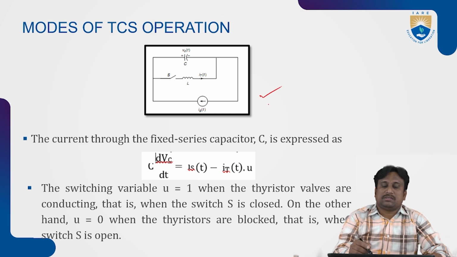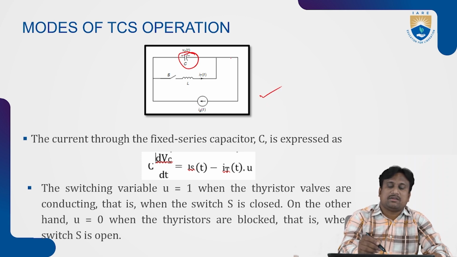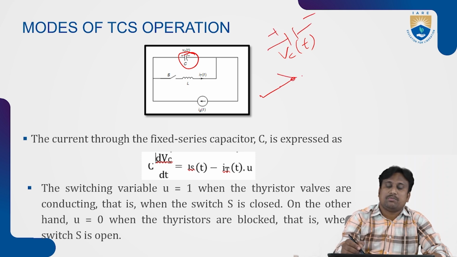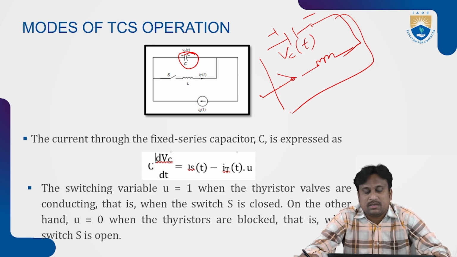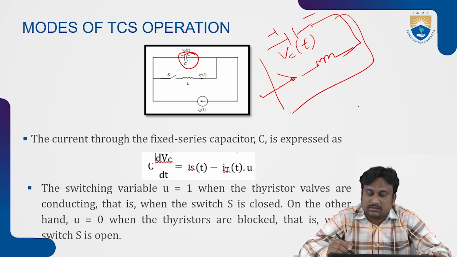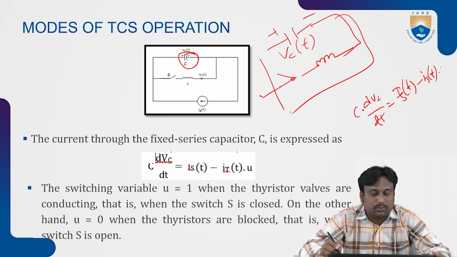So coming to this, the voltage across the capacitor is Vc(t), and then the switch command is derived to make the inductor release its energy. The current through the fixed series capacitor is expressed as C dVc/dt, which is Is(t) minus iT(t) with the u phase.